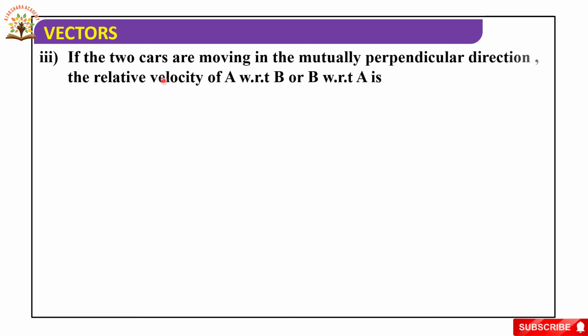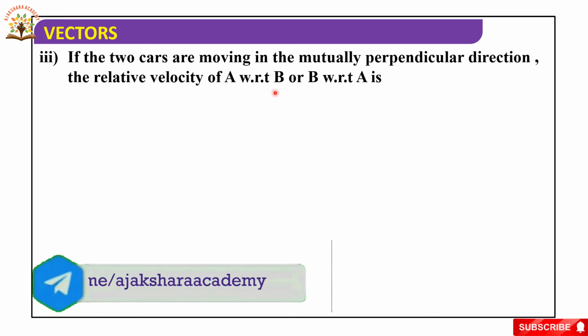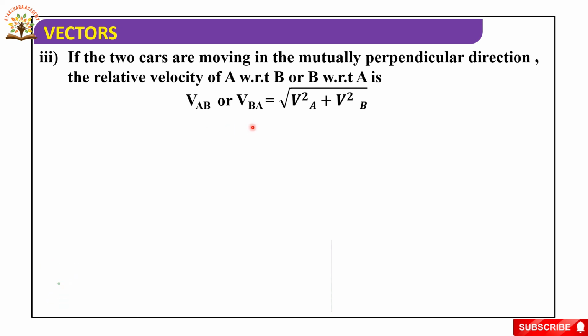If two cars are moving in mutually perpendicular directions, the relative velocity of A with respect to B or B with respect to A, VAB or VBA, is equal to the square root of VA square plus VB square.